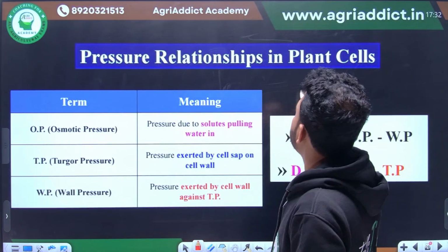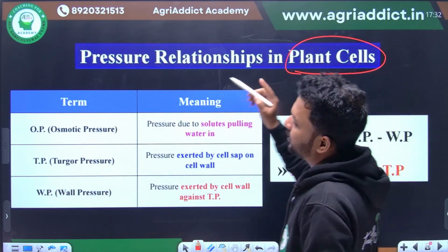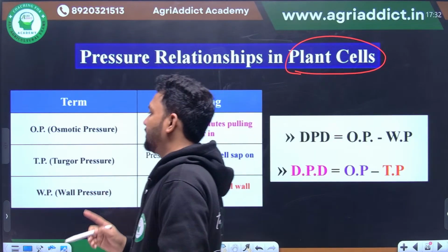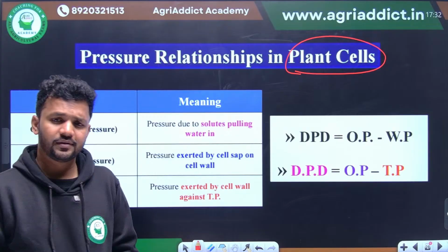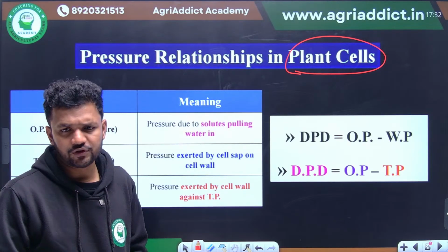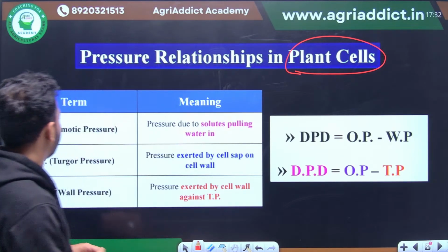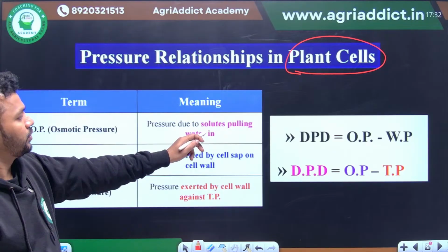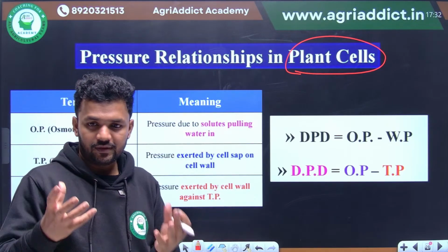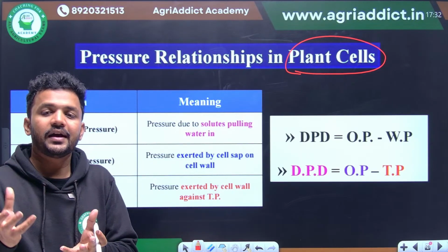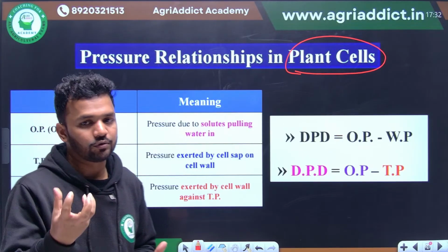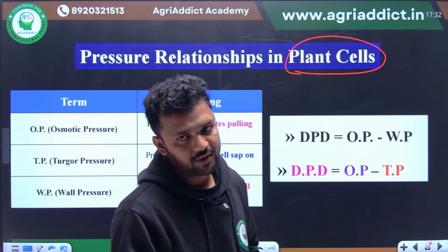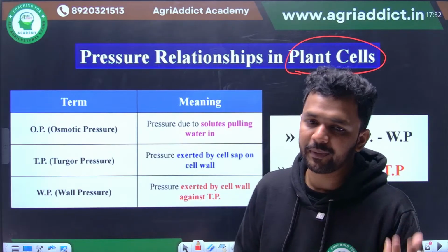The pressure relationships in a plant cell. We have seen osmotic pressure, turgor pressure, and wall pressure. Diffusion pressure deficit is also a pressure. Osmotic pressure is the pressure generated due to the presence of solute in a solution, pulling water in. More the solute, more the pressure.